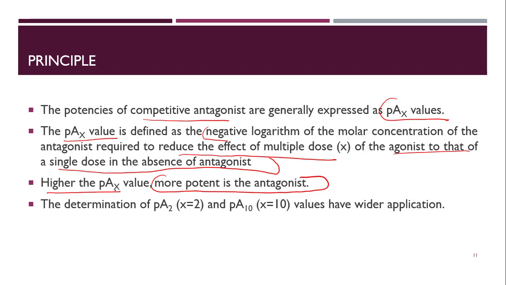So we can try out different antagonists, compare the pAx value for each antagonist, and arrange these antagonists as per their potencies. The determination of the pA2 value, that is x equal to 2, and the pA10 value, that is x equal to 10, have wider application compared to the other pAx values.